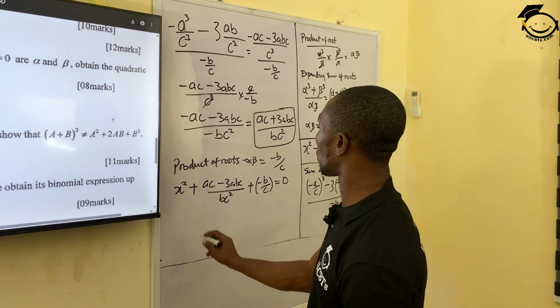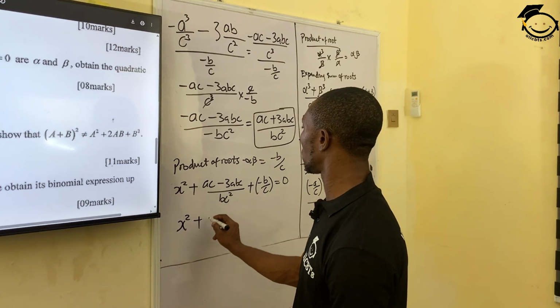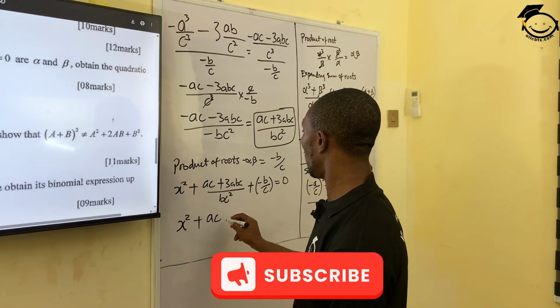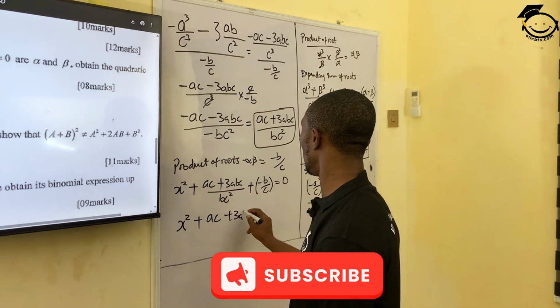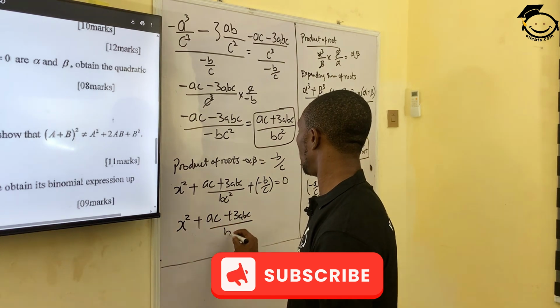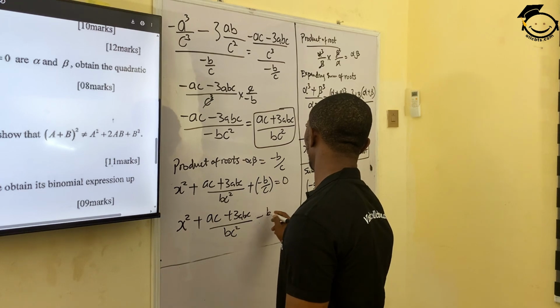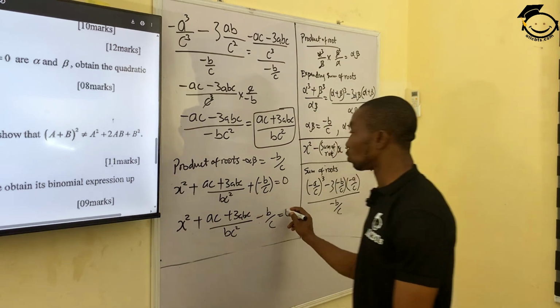Now expanding this, we're having x squared plus AC plus 3ABC all over BC squared plus minus B over C equals 0.